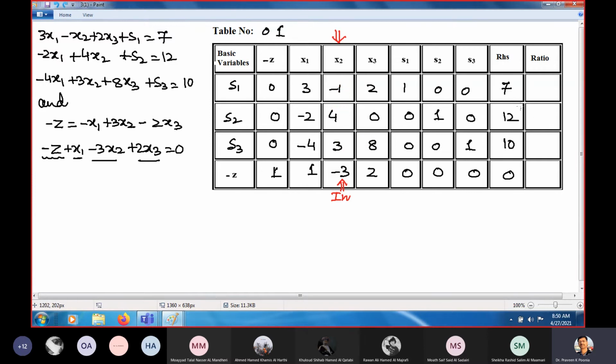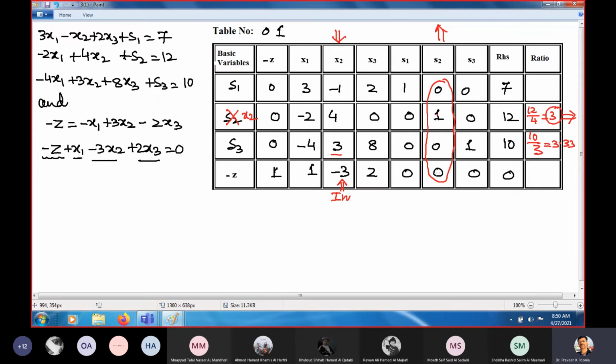So 12 upon 4 is 3 and 10 upon 3 is 3.3. Minimum is 3, so this is out. S2 we are going to change, and in place of S2 there will be X2. And S2 is out.